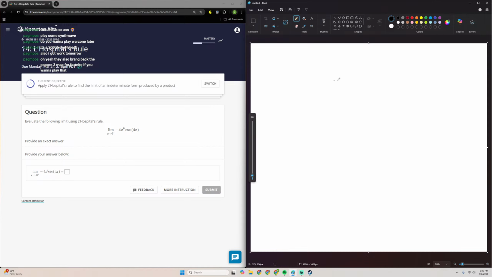Whew. So this is -4x to the 6 sine 4x. Take the derivative of both top and bottom. 12, 24, -24.